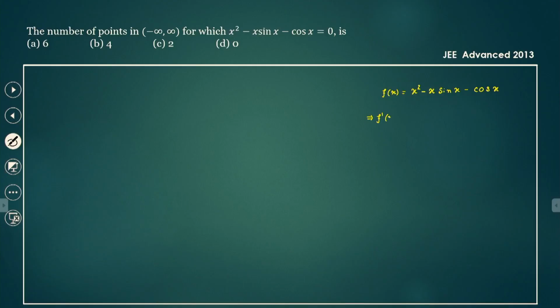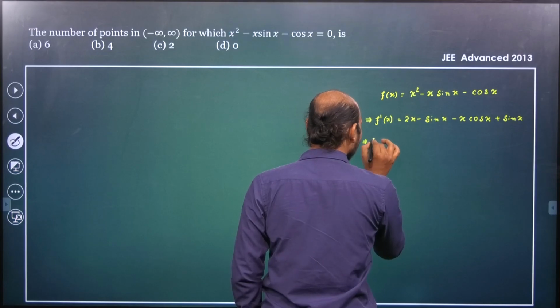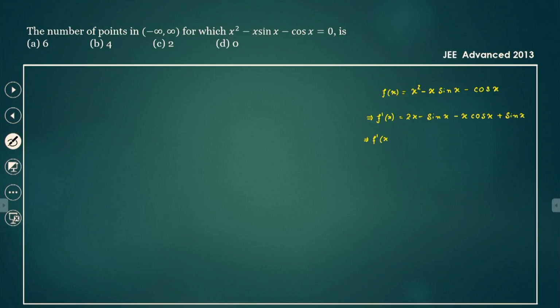So to find the critical points, let's differentiate. Therefore f'(x) gives me 2x minus x kept as it is, or rather x differentiated to sin x minus x cos x, and then we have plus sin x.